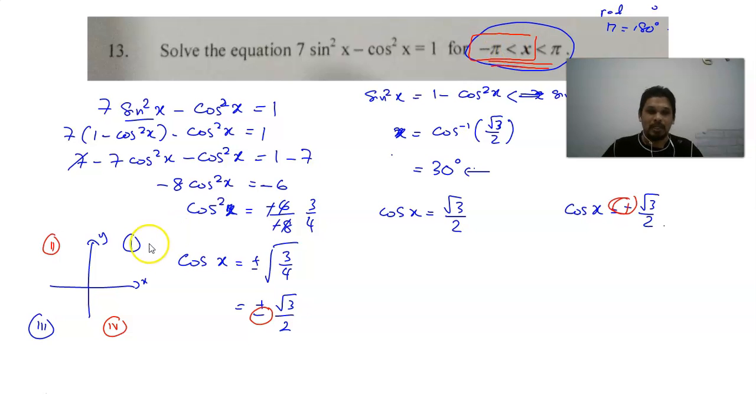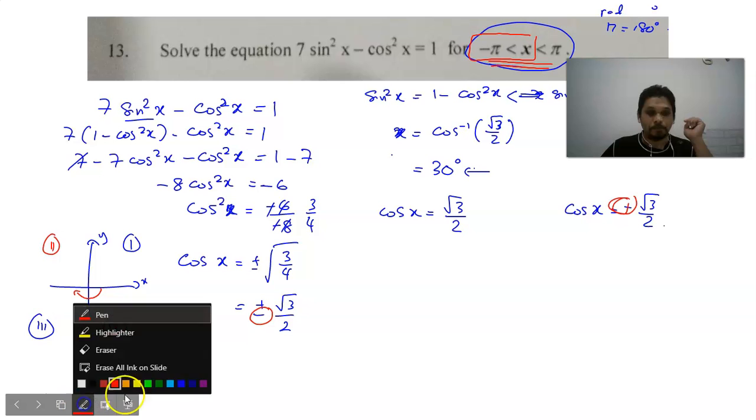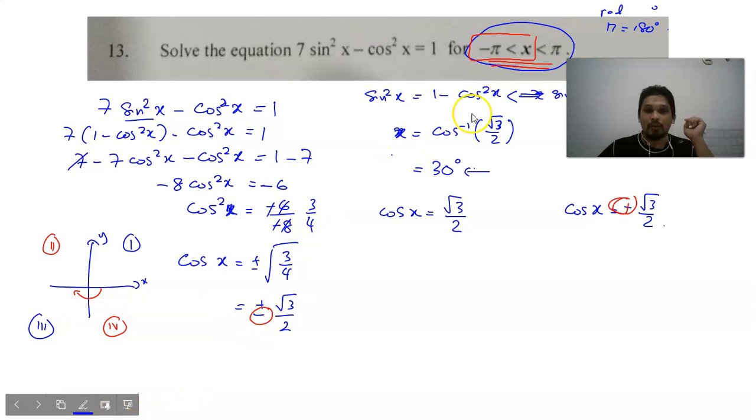Meaning we are talking about the direction of the angle from x in the clockwise direction, where x less than 180 or pi, we're talking about the anti-clockwise direction, half of it.